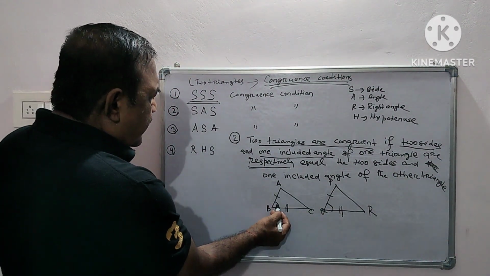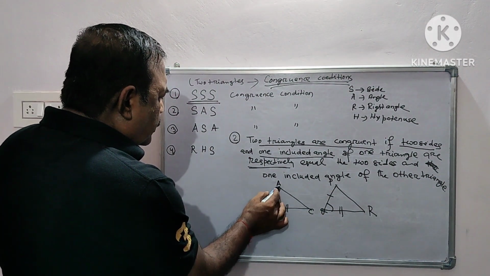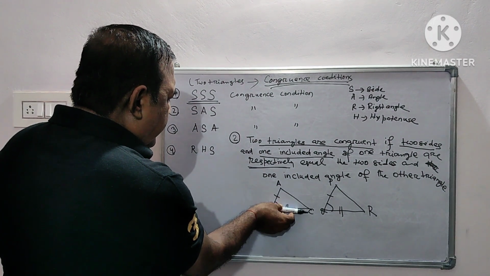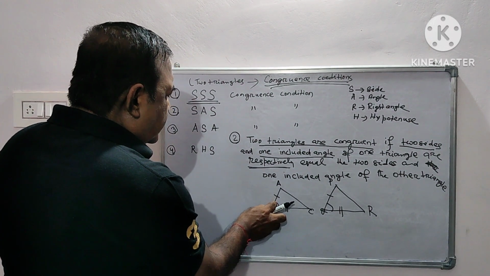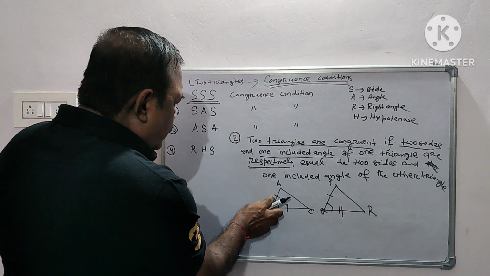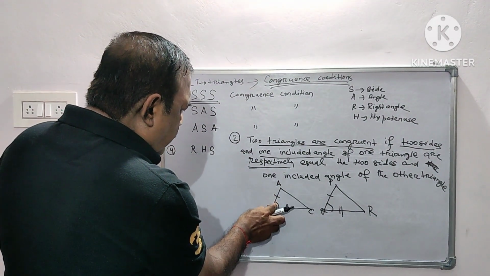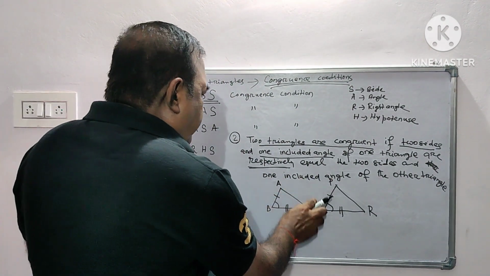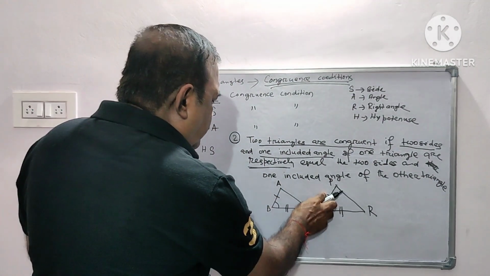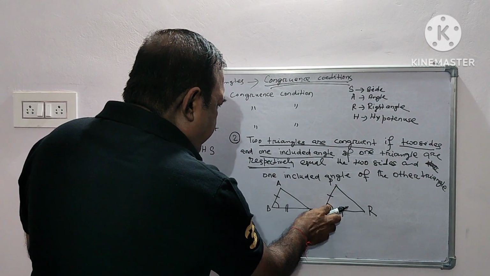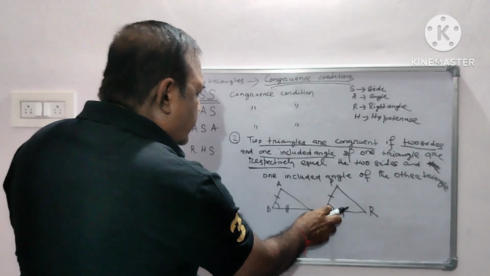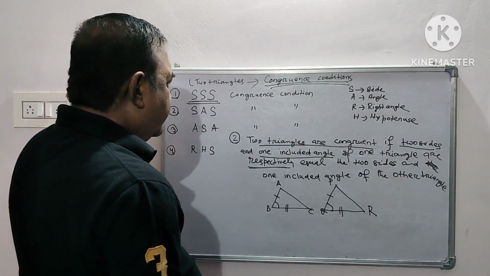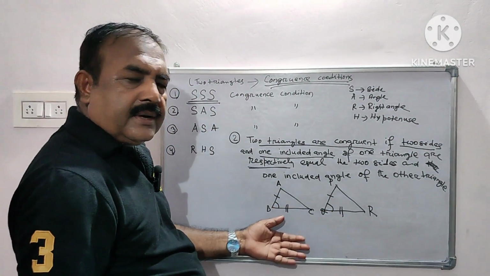This angle is the included angle: two sides, and in between them is the angle. So two sides and one included angle of one triangle are respectively equal to the two sides and one included angle of the other triangle. Then the two triangles are congruent.